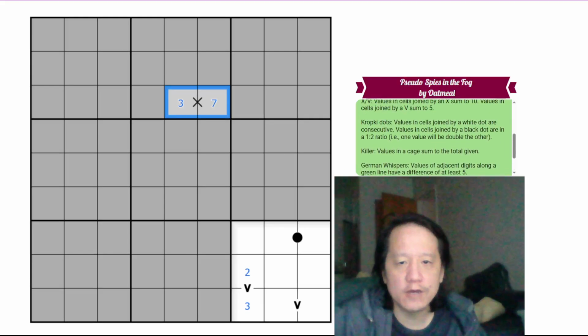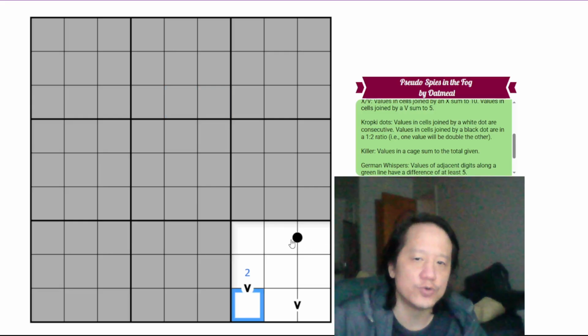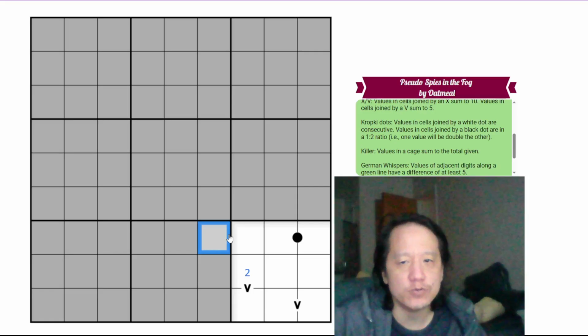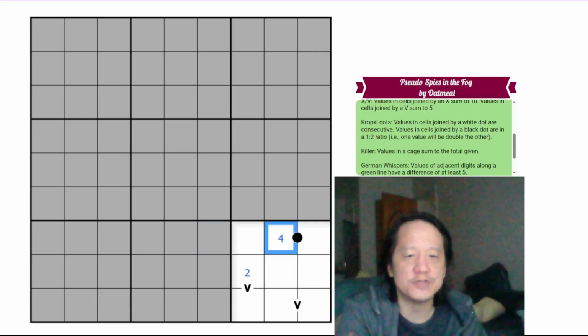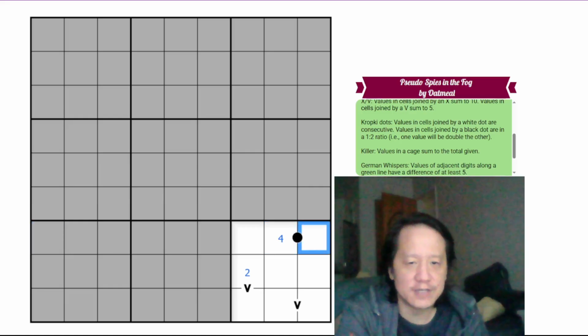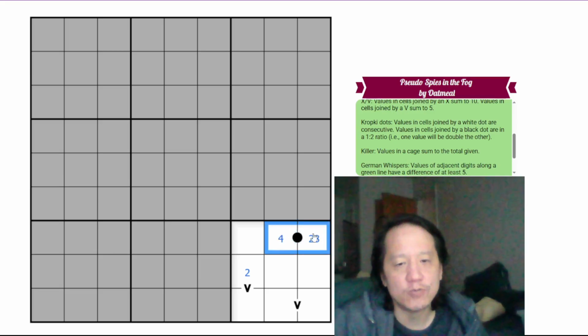We have Kropki dots, where values in cells joined by a white dot are consecutive, and values in cells joined by a black dot are in a 1:2 ratio. That is, one value will be double the other. So, for example, if this had a value of 4, the value of this cell would have to be 2 or 8 to be in a 1:2 ratio with this.